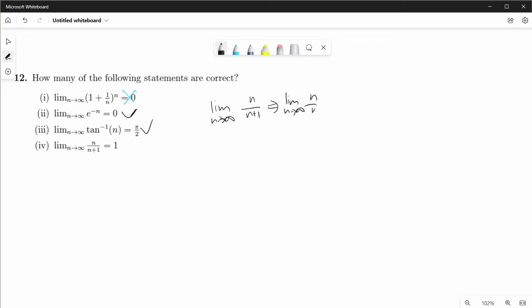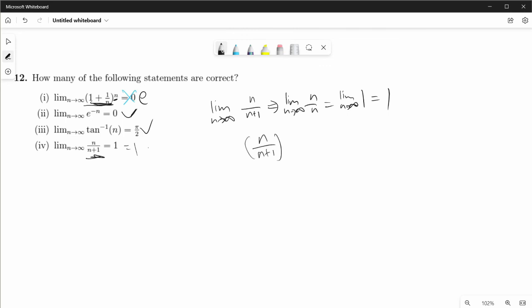That would be n over n, which is the limit of 1, which equals 1. But what is the difference between this one and number 1, where that one equals e and this one equals 1?